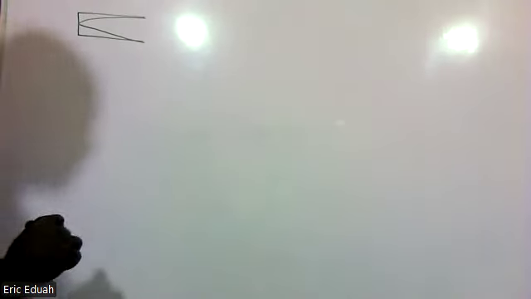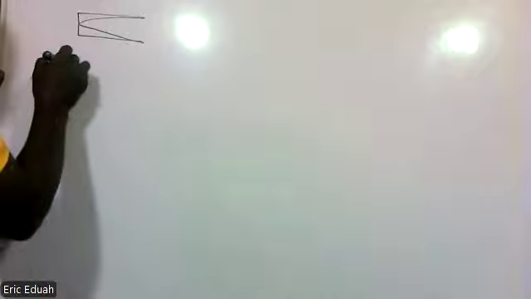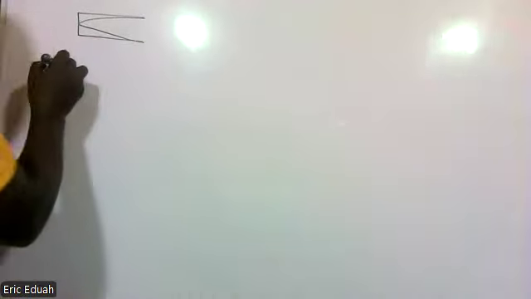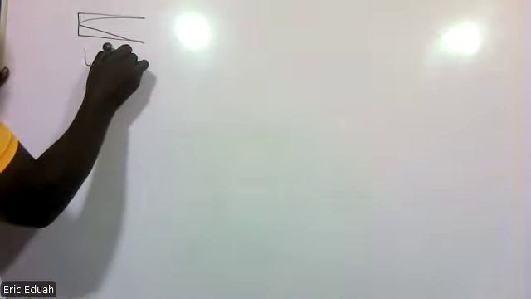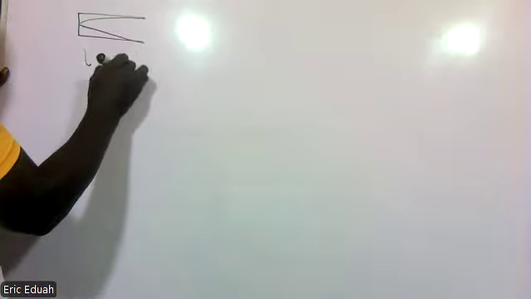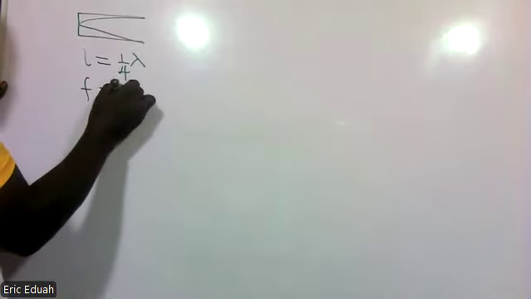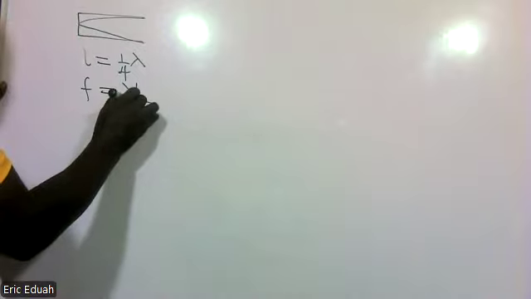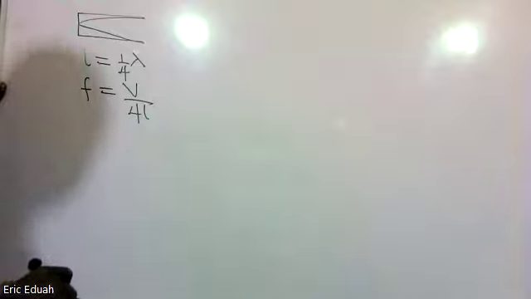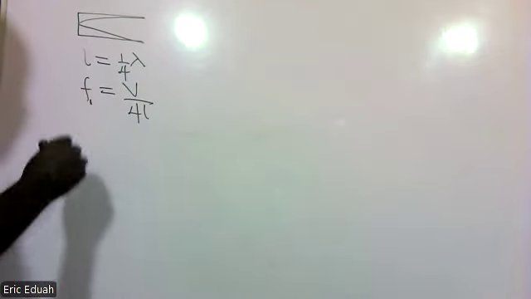Therefore, here L is equal to quarter lambda. Therefore, F will be equal to V over 4L. And we are told that this is 512.